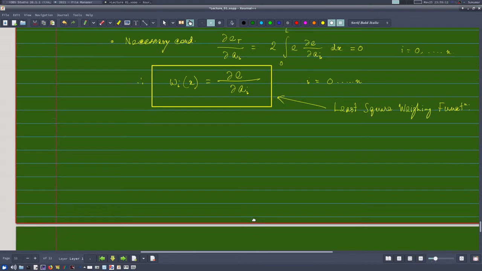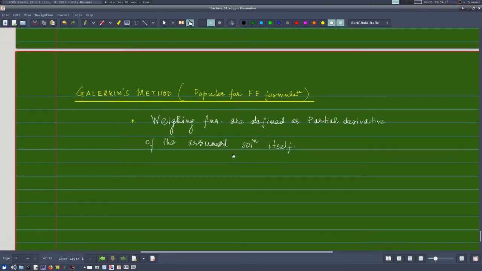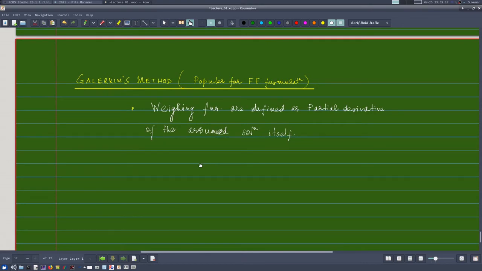Now there is one more method which is more popular for finite element formulation. Here the weighting functions are defined as the partial derivative of the assumed solution itself. So things become more simple now.